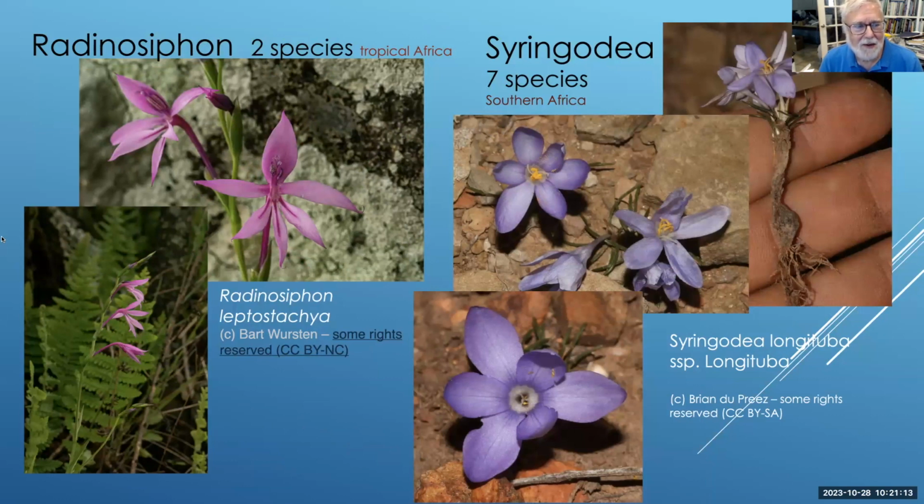Now, just to give an idea of what exists, there are 2 species in the genus Rhodocodon and 7 species in Syringodea. But as you can see, the Syringodea is really small because you can see the fingers to the side behind the plant that's being held, showing how small the plant is.